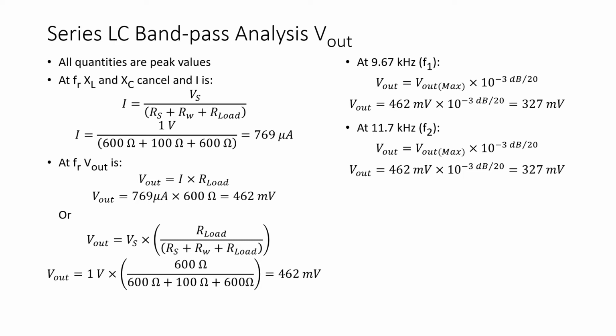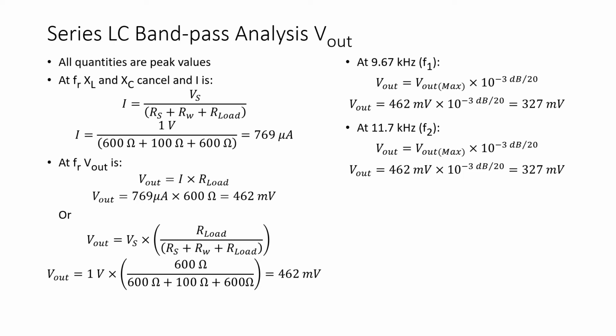And the output voltage can be calculated either by using Ohm's law, I times R load, or the voltage divider formula, V source times R load divided by R total. Either method gives us an output voltage at resonance of 462 millivolts.